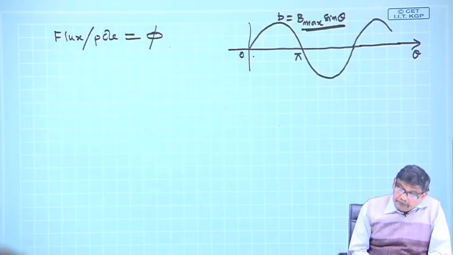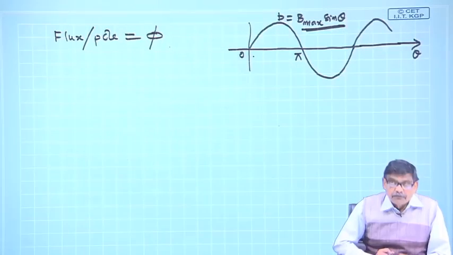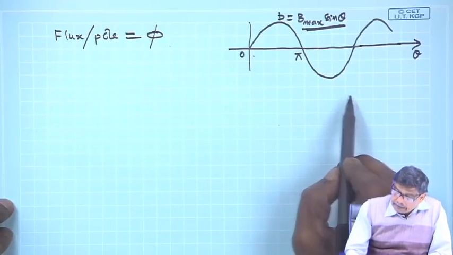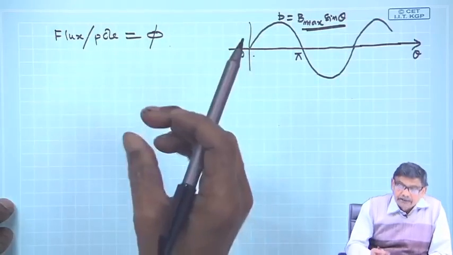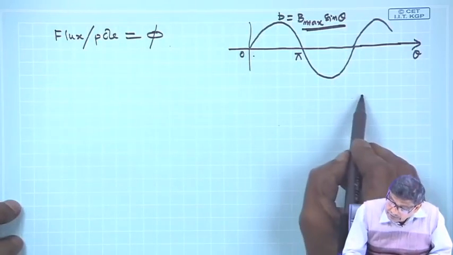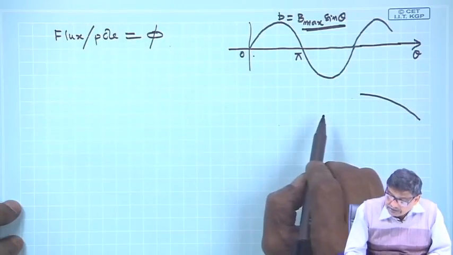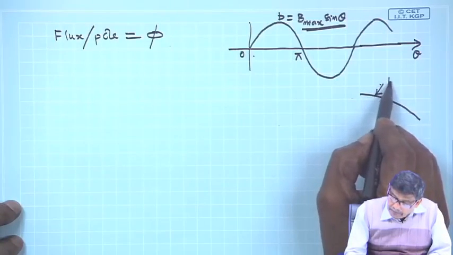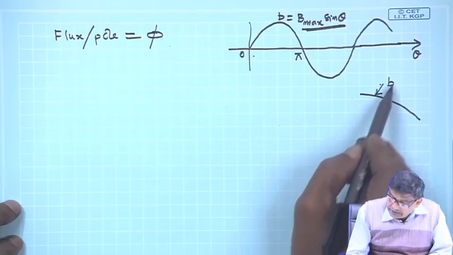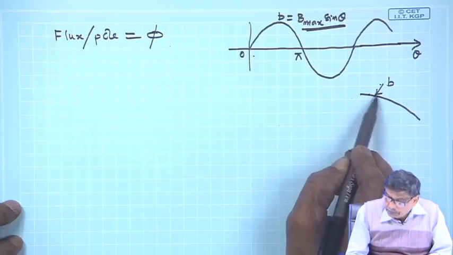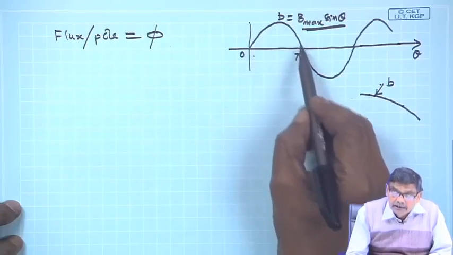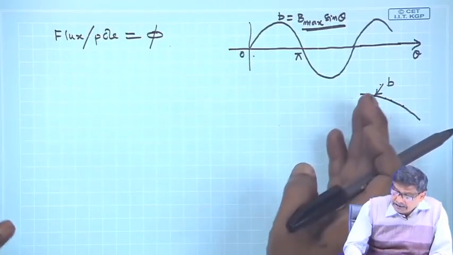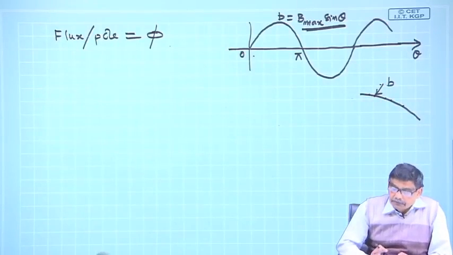Now, how to calculate flux per pole? B is to be multiplied by some area. Suppose this is the rotor surface, here is some B, and this B value varies as you move from one point to the other, because it is sinusoidally distributed. So it cannot be just an instantaneous B times the whole area.